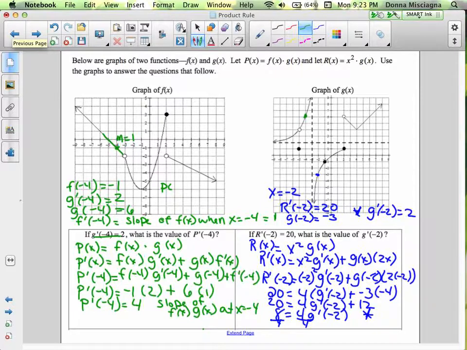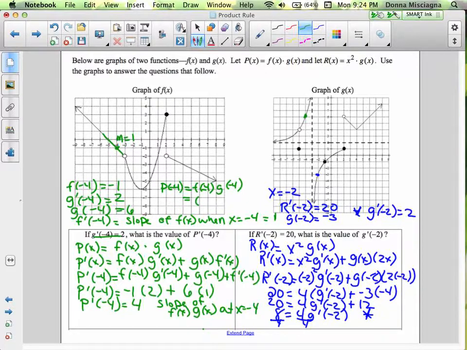So p of -4 is just going to be f of -4 times g of -4. Right? There's no product rule, and you're just evaluating a function. So f of -4 is right where we have a dot there, -1.